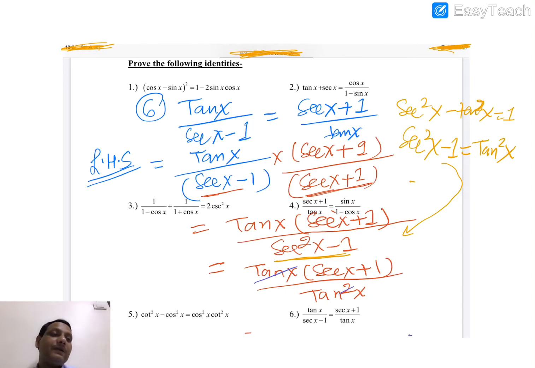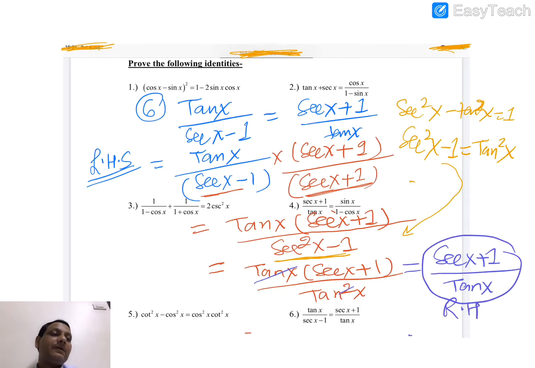So finally we are going to get sec x plus 1 divided by tan x, and this is your right hand side. You can say hence proved, or so many people say QED also.